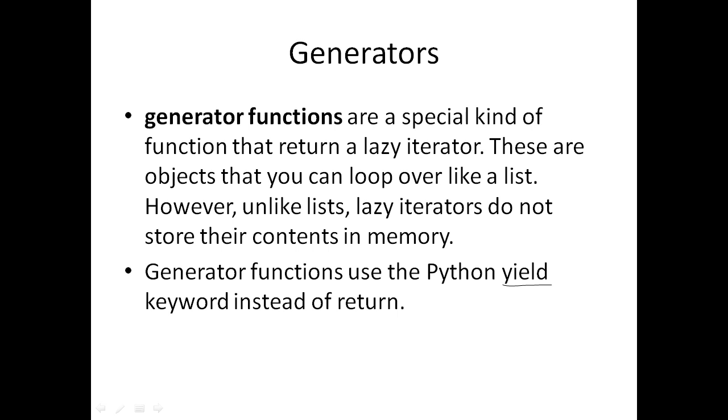So the yield keyword is used to create generators. It sends the value which is calculated or processed to the end user, and it keeps only one value in memory.